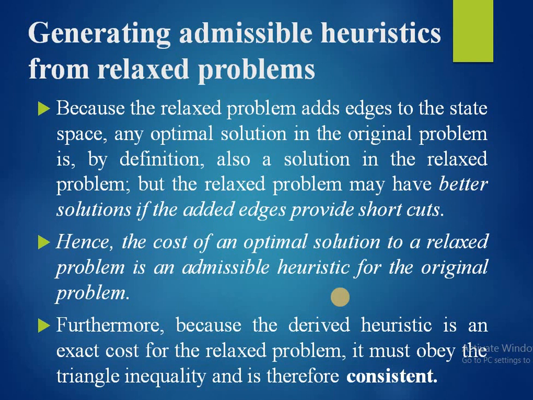But the relaxed problem may have a better solution if the added edges provide shortcuts. Hence, the cost of an optimal solution to a relaxed problem is an admissible heuristic for the original problem. Furthermore, because the derived heuristic is an exact cost for the relaxed problem, it must obey the triangle inequality and is therefore consistent.